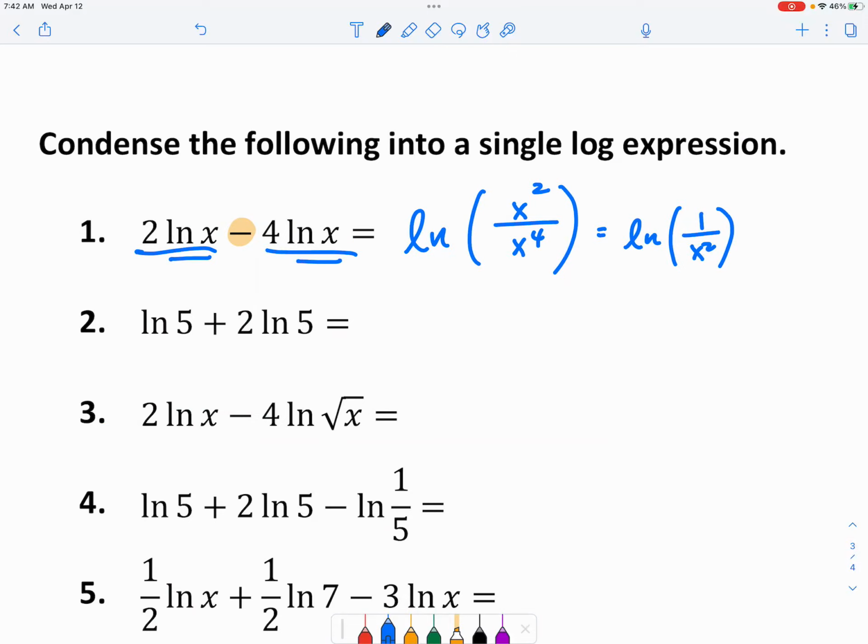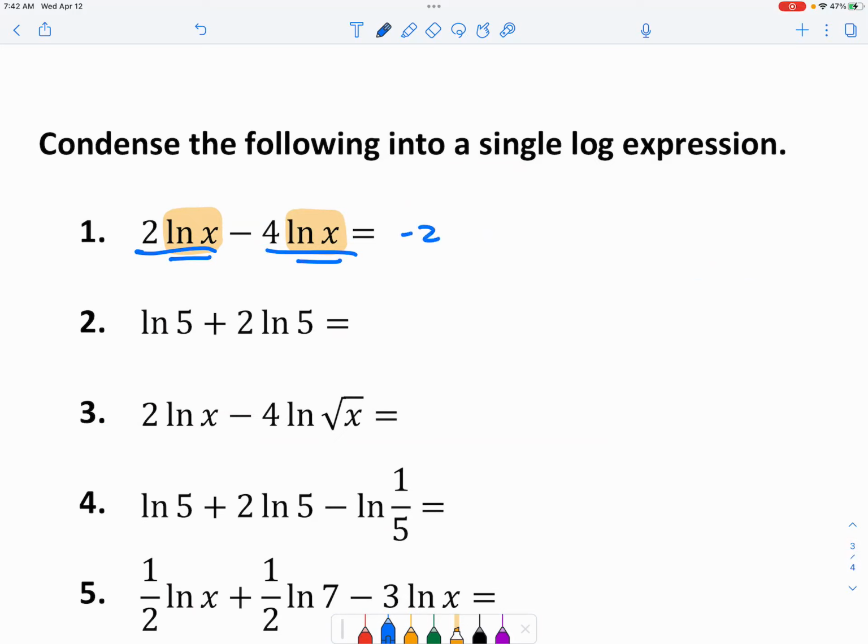So the way you can view this subtraction is that natural log of x is like your identifier of two like terms. They're like terms, basically. So instead of doing what I just did, wait, hold on. I see 2 natural log of x minus 4 natural log of x. That becomes, well, what's 2 minus 4? We have negative 2 natural log of x.